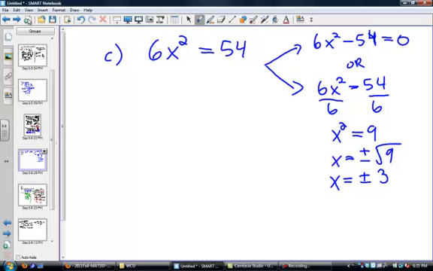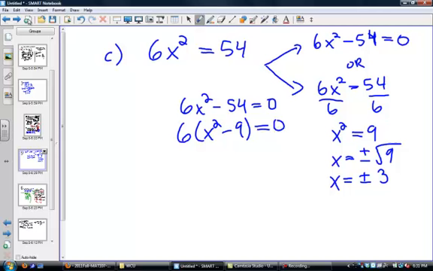Only do this non-equal to 0 thing if the x term is missing. Don't try this if it was one of those other kinds. We saw what happens when you try that. Okay. If you try it the other way and factor out the 6, you're less likely to forget about the other answer. How does x squared minus 9 factor?